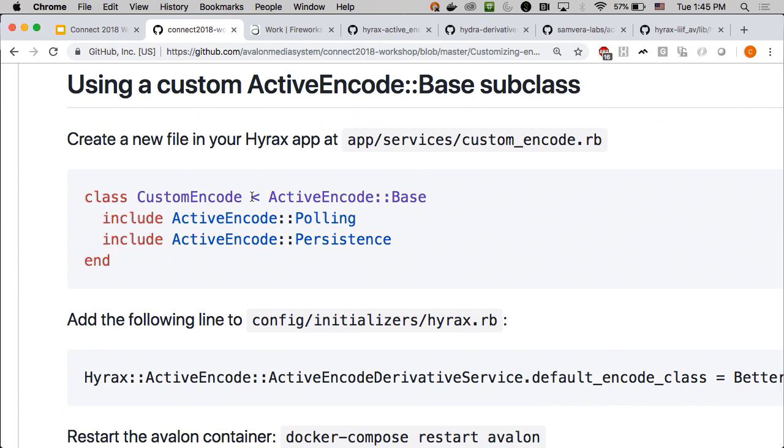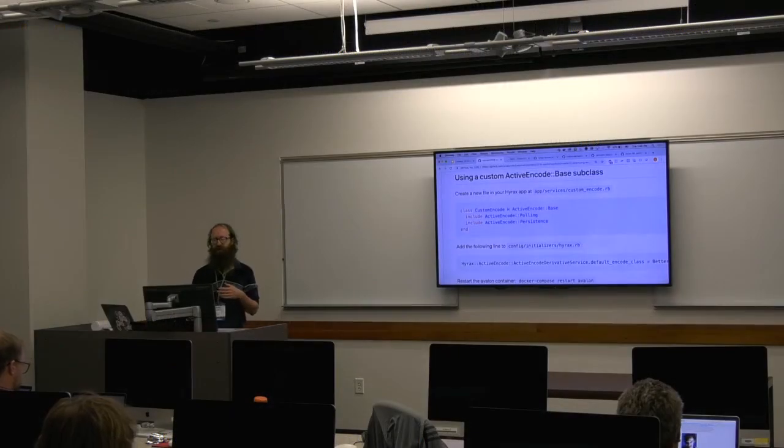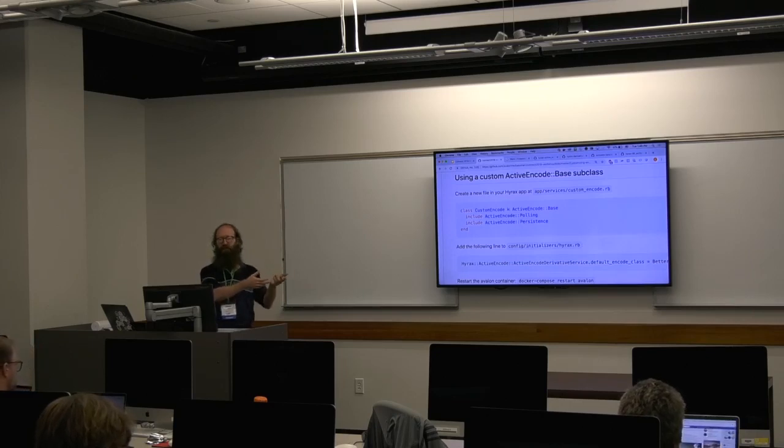The other include here is persistence, and it's again optional. ActiveEncode::Base comes with an ActiveRecord model that will capture the raw output, the JSON serialized form of the ActiveEncode::Base class, and some status information, and dump it into the database. It will do that whenever find or reload is called. So whenever you request stuff from the external adapter, it will effectively cache it locally.